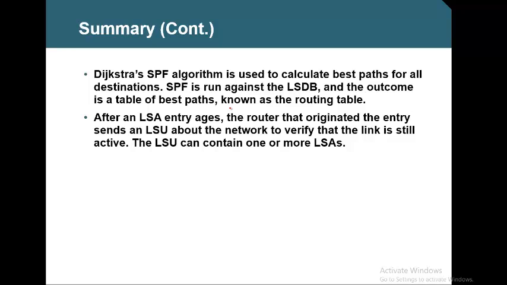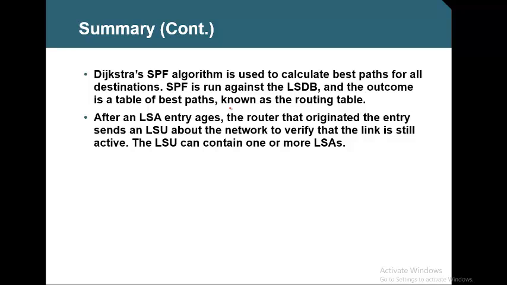See the last one. After the LSA entry ages, the router that originated the entry sends an LSU about the network to verify that the link is still active. The LSU can contain one or more LSAs. That's what is LSU? One or more LSAs together.